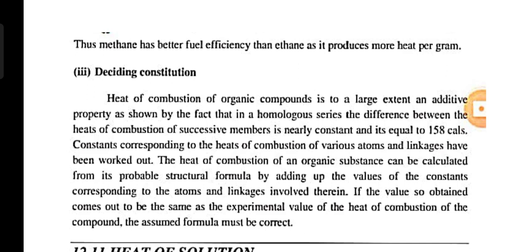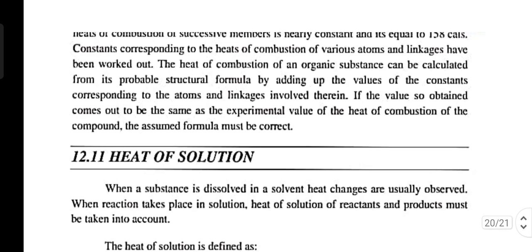The heat of combustion of an organic substance can be calculated from the probable structural formula by adding up the values of the constants corresponding to the atoms and the linkages involved therein. If the value obtained comes out to be the same as the experimental value of the heat of combustion of the compound, the assumed formula must be correct.